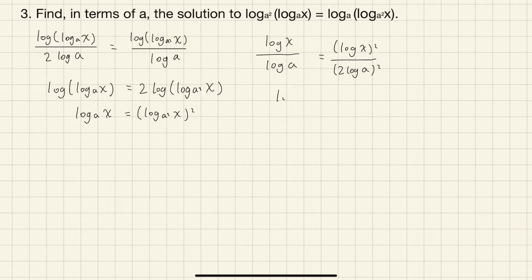Finally, the denominator log a will cancel each other out on both sides of the equation to get log x is equal to log x squared over 4 log a. Using some more algebra, we can rewrite the equation as 4 log a is equal to log x. Therefore, x in terms of a will be a to the power of 4.